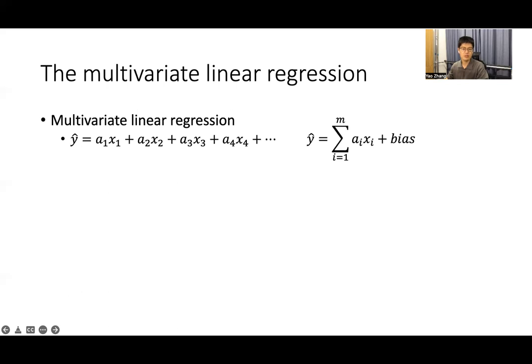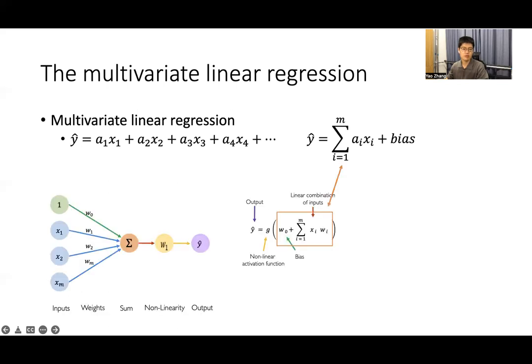Perhaps you have noticed this is very similar to the perceptron we have introduced before. The only difference is that the perceptron has an additional nonlinear response, which is the activation function. This seems to be a very minor difference and should not change the results greatly.